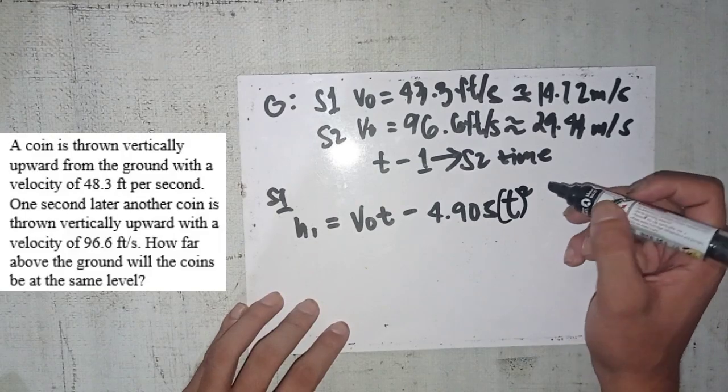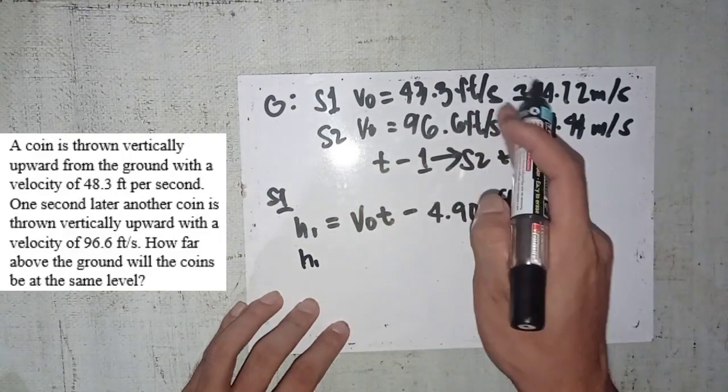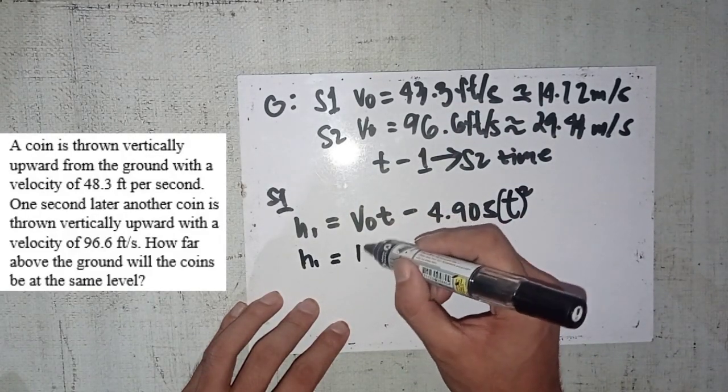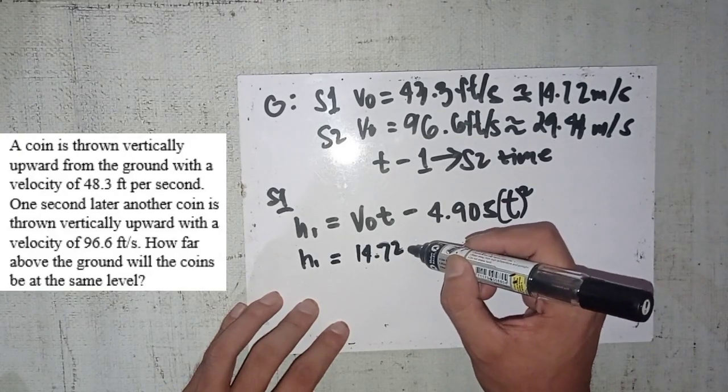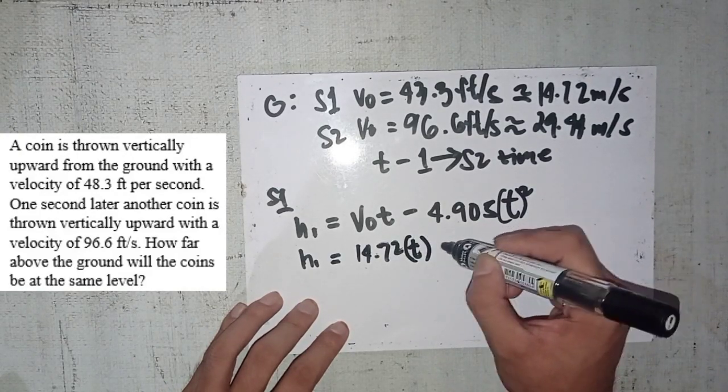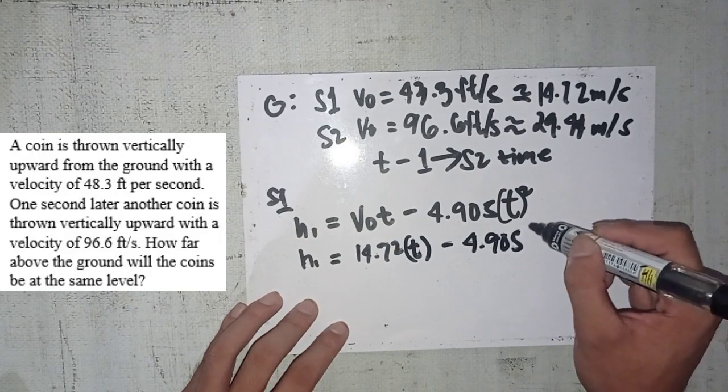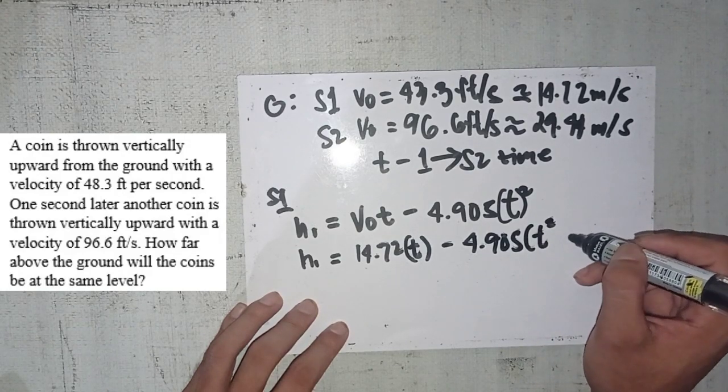Plugging in the given initial velocity, this will be 14.72 meters per second times t minus 4.905 t squared.